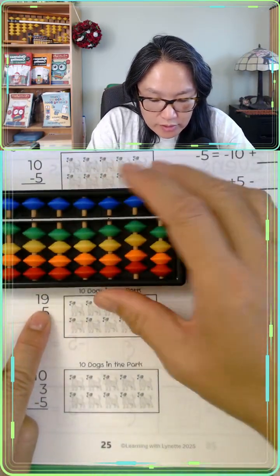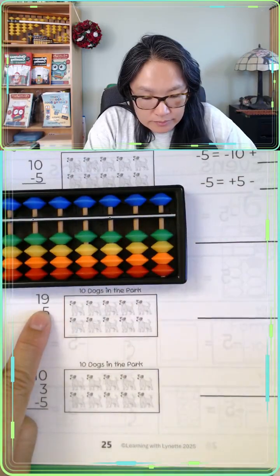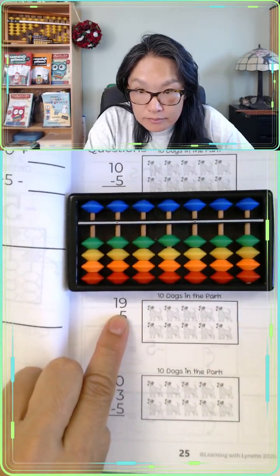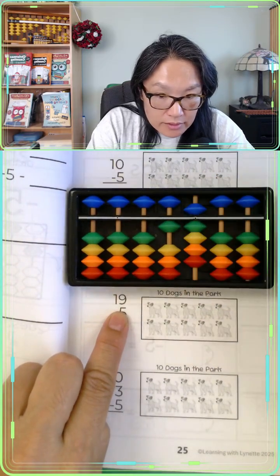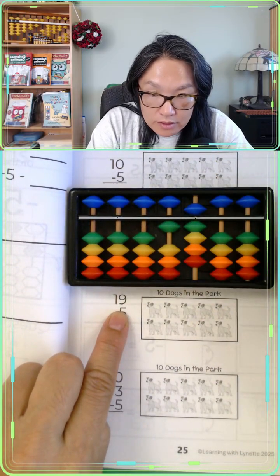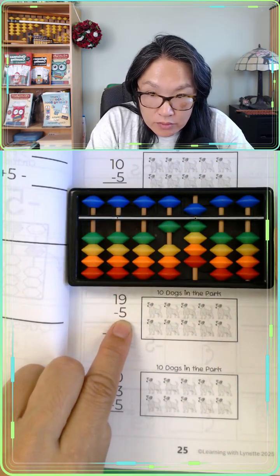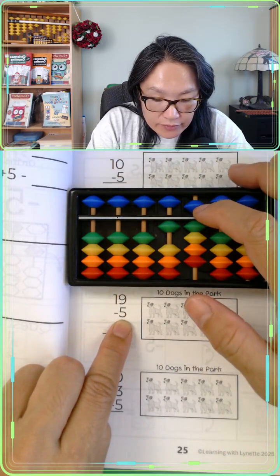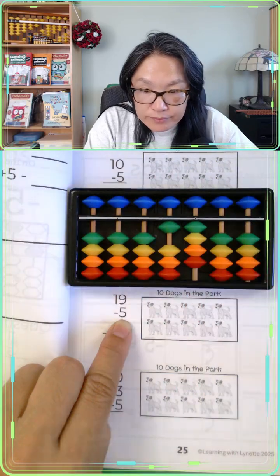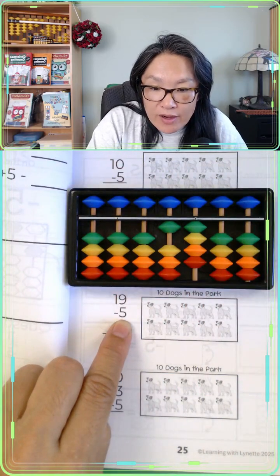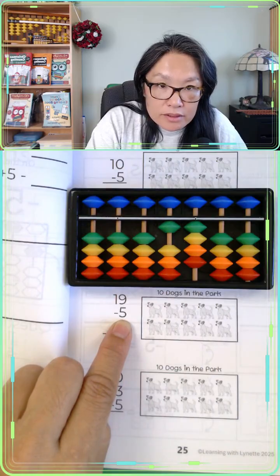Here's a question. We have 19 on the abacus. 1, 9. After 19, we want to take away the 5. Can we do it? Yeah, we can do it. After we take away the 5, we have to do it again. Take away another 5.